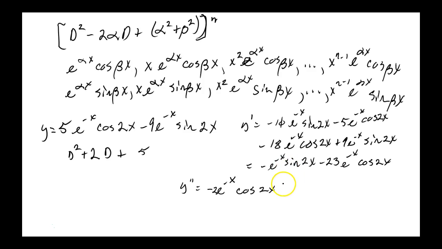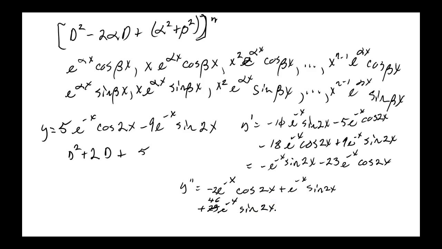Okay, minus, it's actually going to become a plus, derivative of the first, e to the minus x times sine 2x. Okay? Now let's do the second term. First is going to be a plus 23 e to the minus x. Let's make it 46 e to the minus x sine 2x.